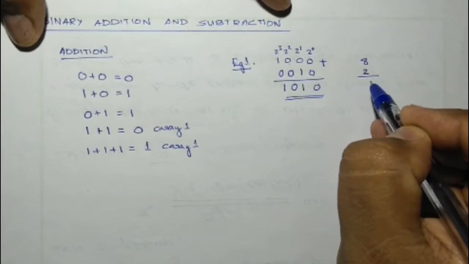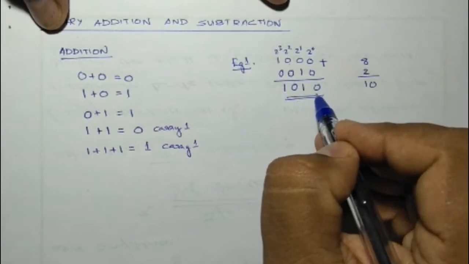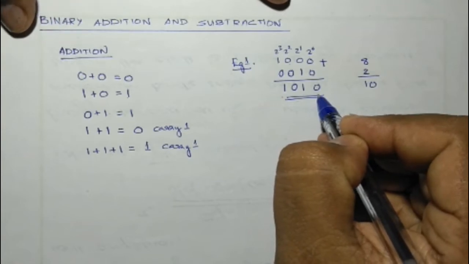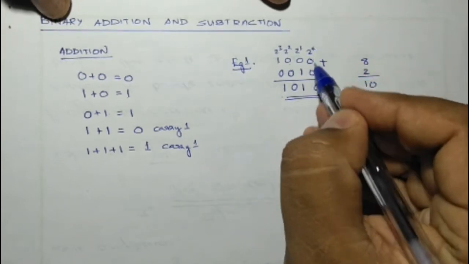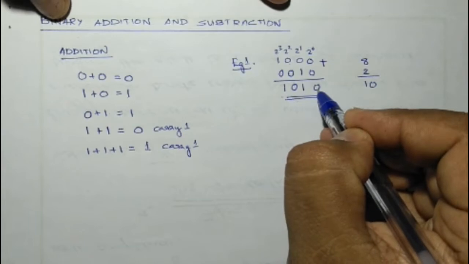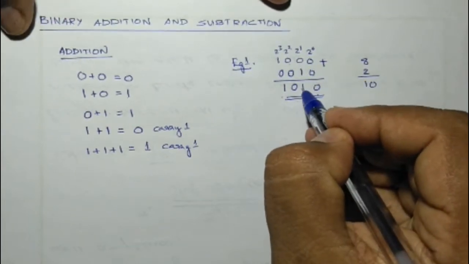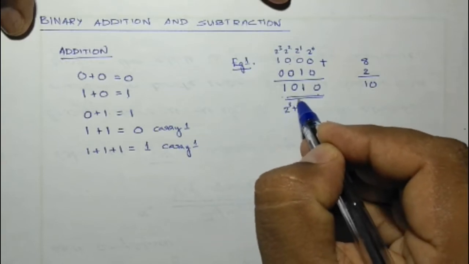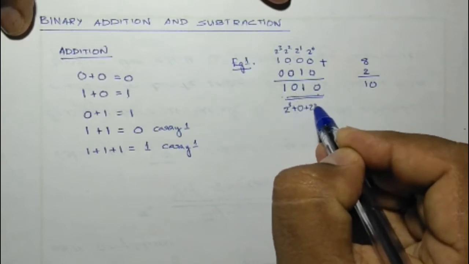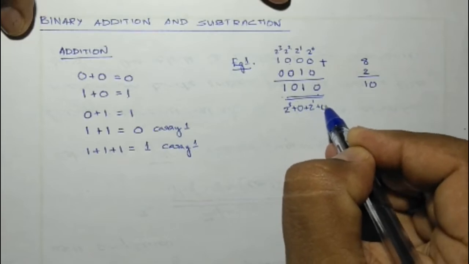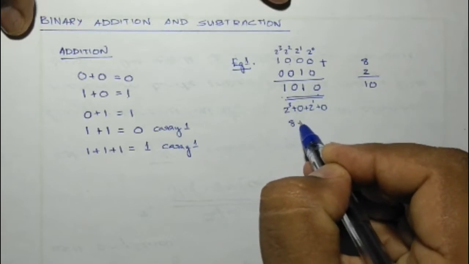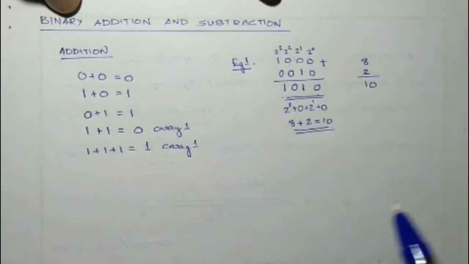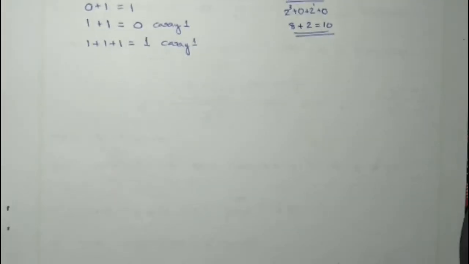So 8 plus 2 is 10. If the operation is correct, this 1010 should be equivalent to decimal 10. Let's check that. 2 raised to 0 is absent, 2 raised to 1 is here, and 2 raised to 3 is here, which means this is 2 raised to 3 plus 0 plus 2 raised to 1 plus 0, which is 8 plus 2 equal to 10, which means our operation is correct. Now let's do some more examples.